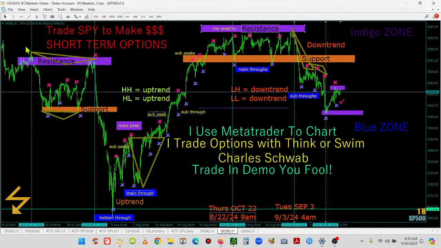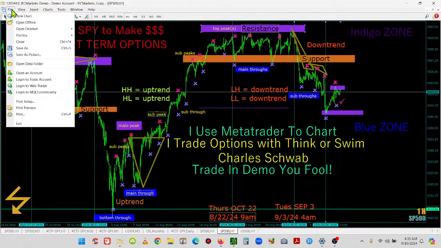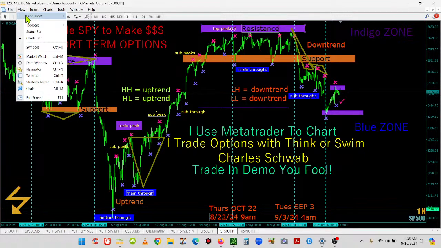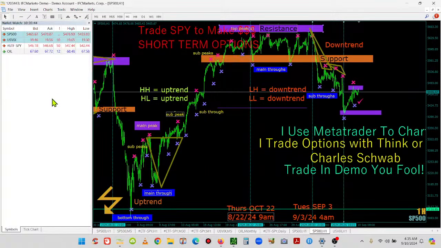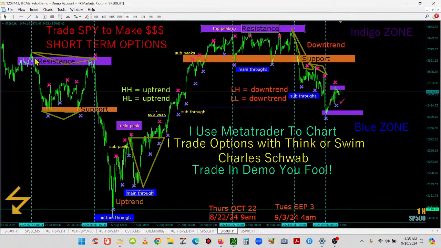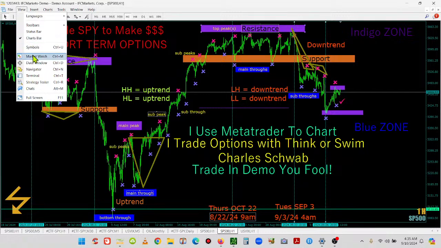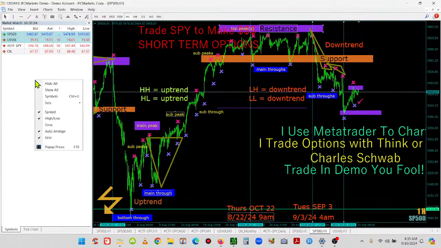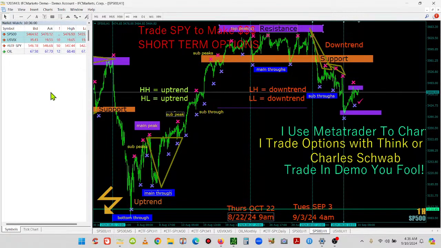You just need to find one that, when you sign up for a demo, you click View, Market Watch, or Control M. You're going to right click, and when you do this, you do Show All.